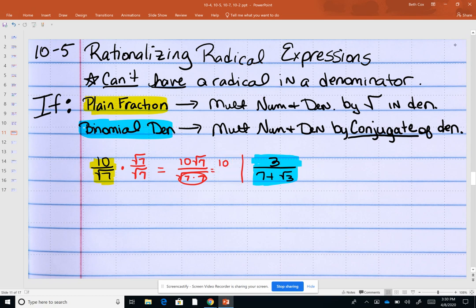Let me write that a little differently. You could look at it however you want to. That's the square root of 49, and that's going to give me 10 square roots of 7 over plain 7. And that is rationalized. That's what we want to do. That's for a plain fraction. You multiply the numerator and the denominator by the radical in the denominator.